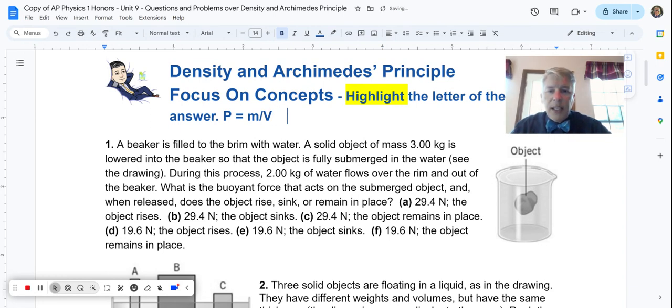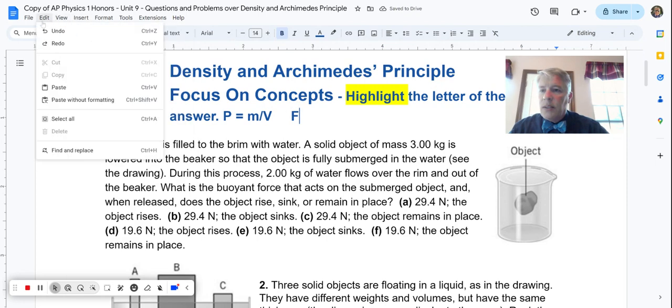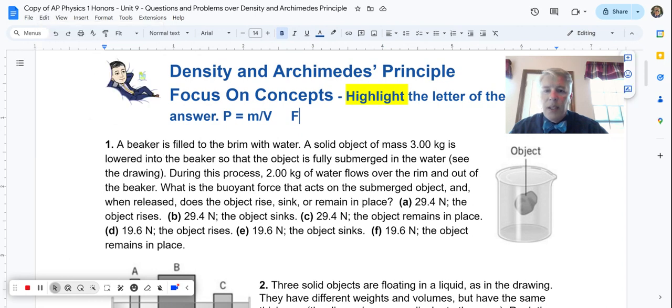The other one is the fact that the buoyant force, so F with a subscript B to indicate buoyant force, is equal to the weight of displaced fluid. We know the weight normally is mass times gravity.